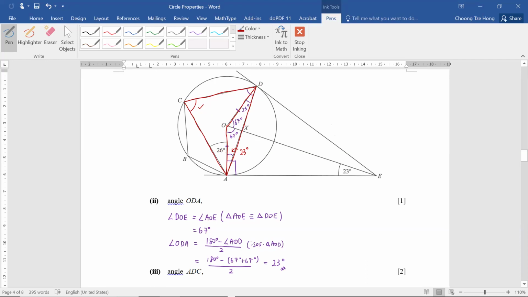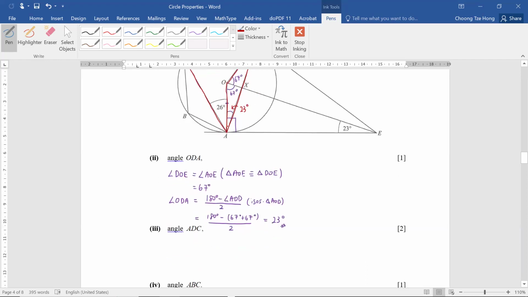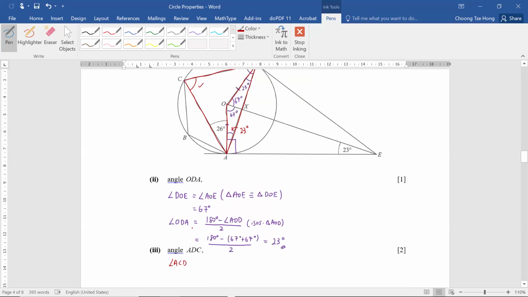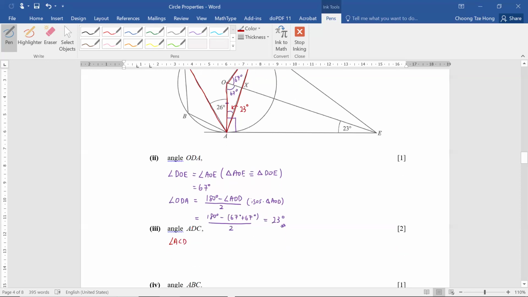Right, so let's write the answer. Let's write out the angle at center first. Angle ACD is the one that we want to find. The angle at the circumference equals half times angle AOD.